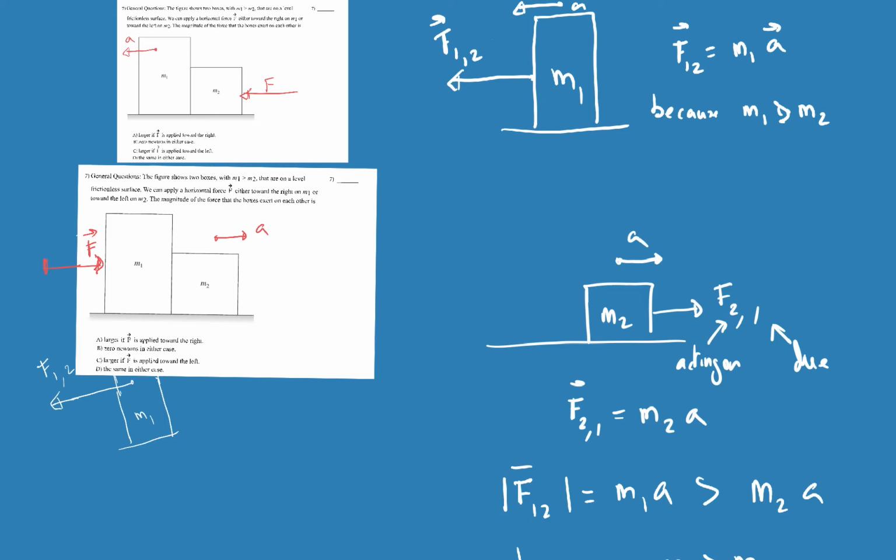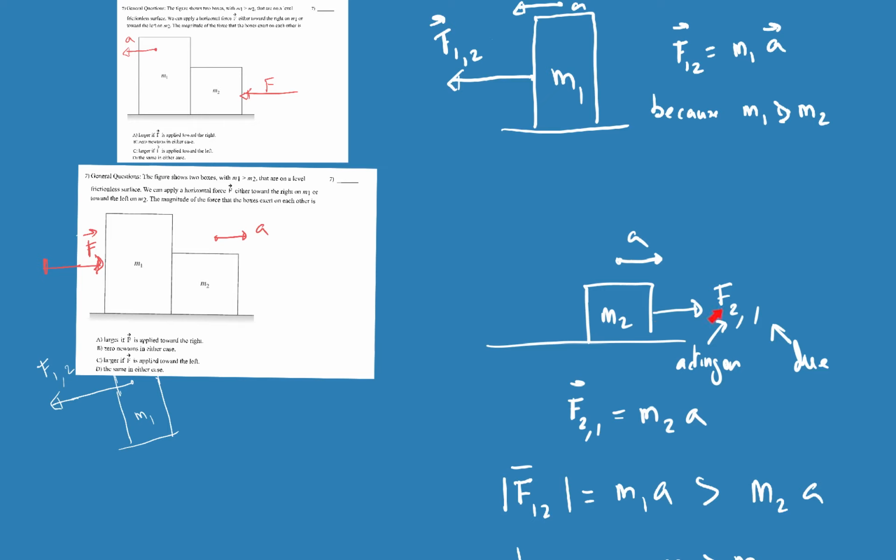So M2 and M1 have the same acceleration. What happens to M2? We isolate M2. M2 is being accelerated, and Newton's law says that if you see acceleration, there is a net force F in the same direction as the acceleration.